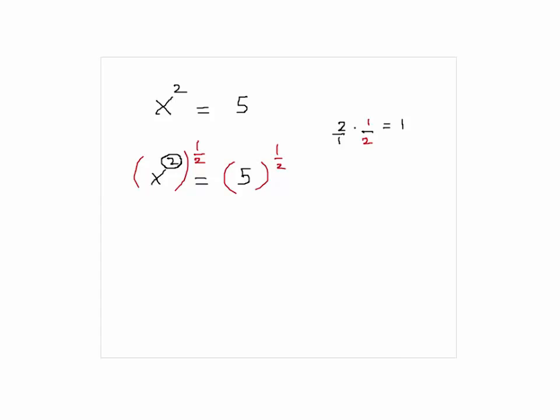So if you remember, if I have a to the power of 1/2, what is a to the power of 1/2 in terms of square root? How do I change it into square root? Anybody remember that?